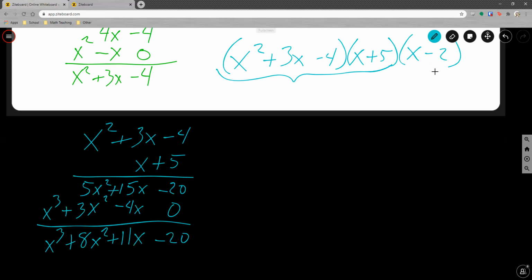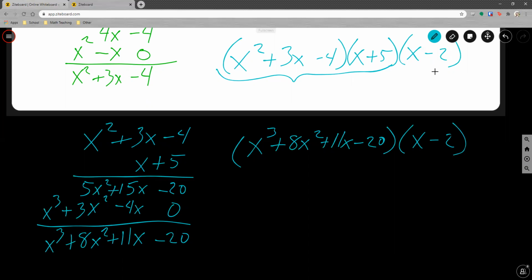So now I can substitute again, and I end up with x to the third plus 8x squared plus 11x minus 20, times x minus 2.